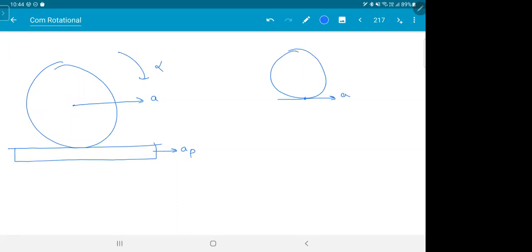So this point is going with R alpha. So this point and this point should have the same acceleration. So A minus R alpha is equal to AP. This is the no slipping condition.